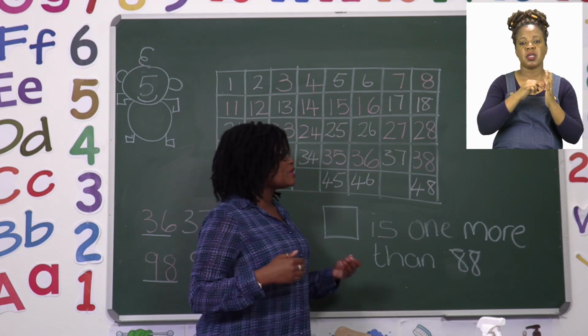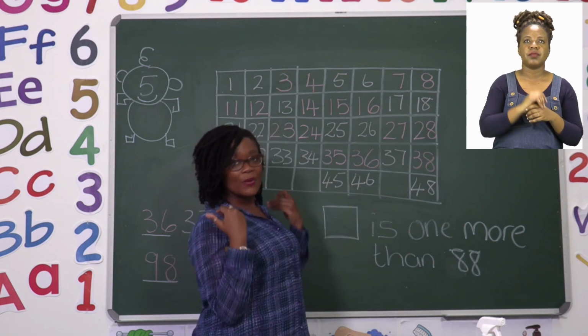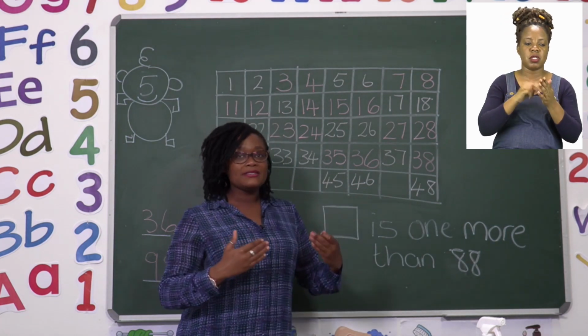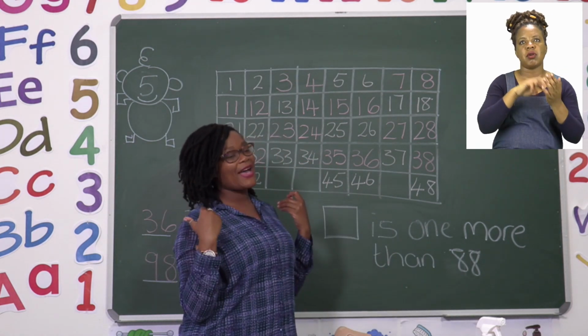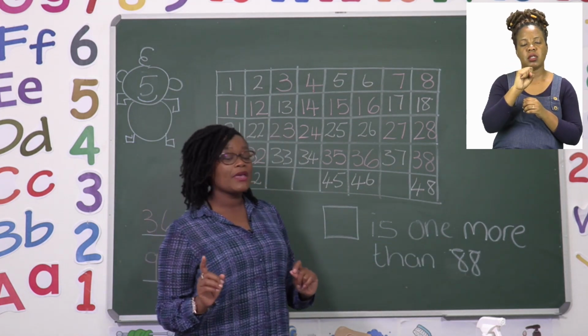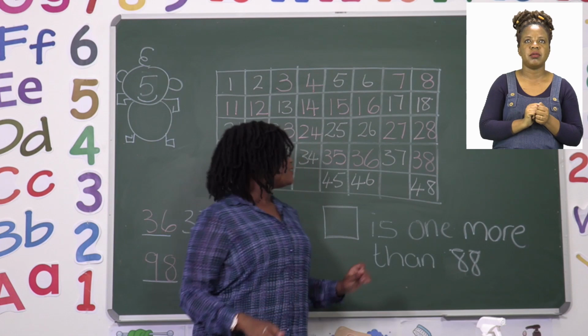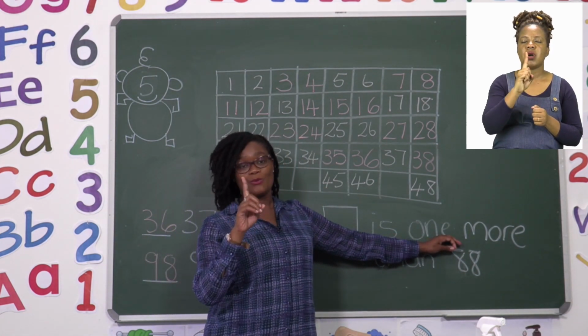So more means going forward, and then less means going backwards. So if we have more, that means we are jumping forward, which also means that how many are we jumping? Only 1.